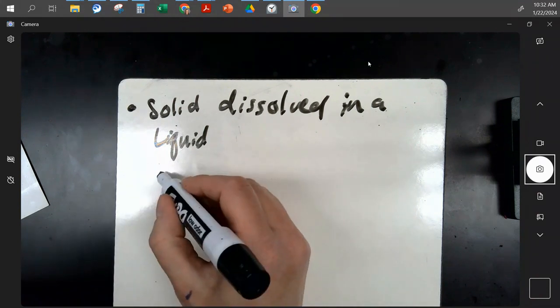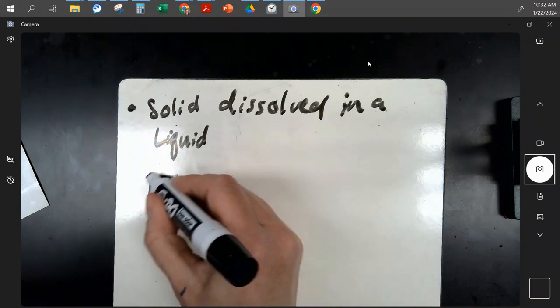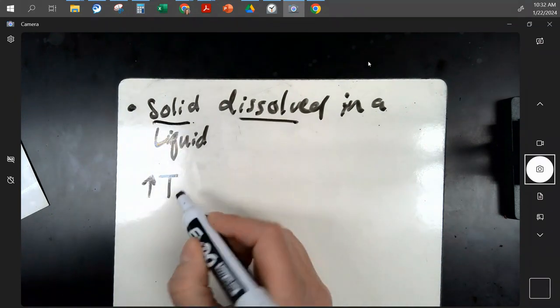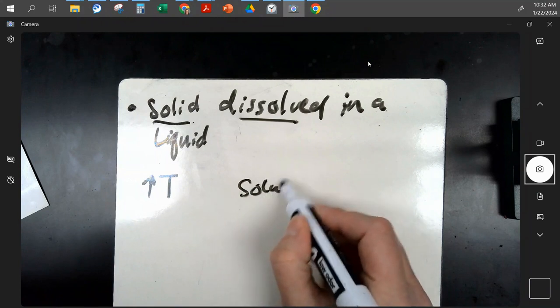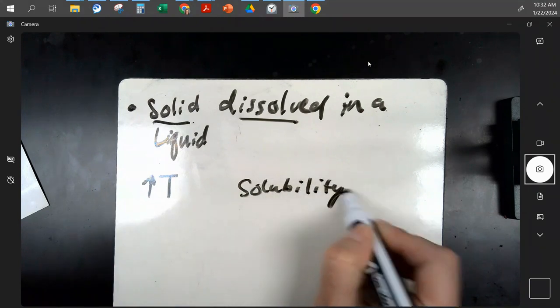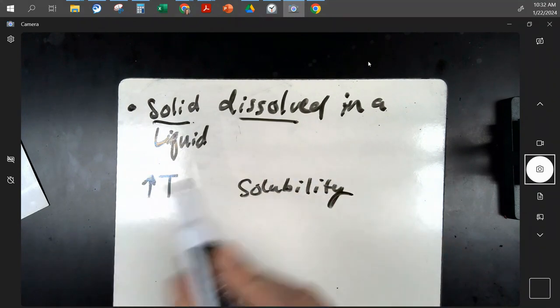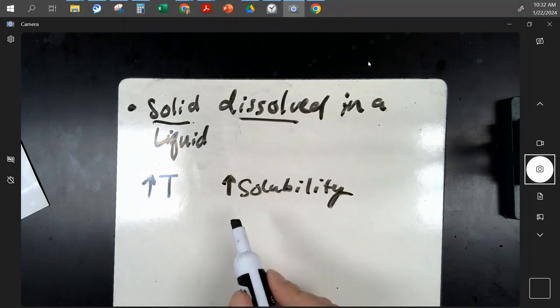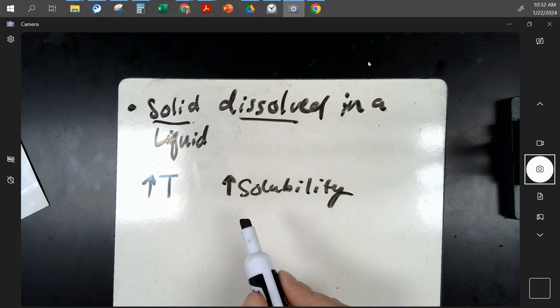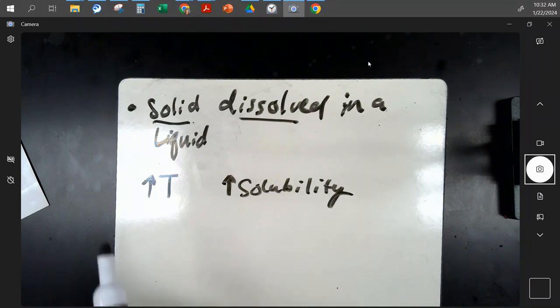Heat it. Okay, so if we increase the temperature of a solid dissolved in a liquid, what will happen to the solubility? So if we increase the temperature, we probably are familiar that the solubility will increase. Does that sound familiar? Okay, great.